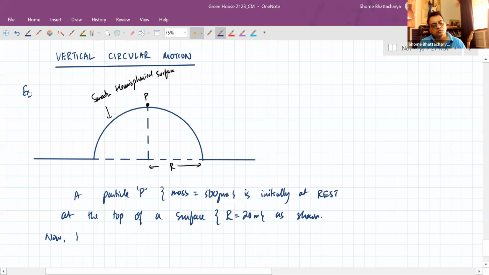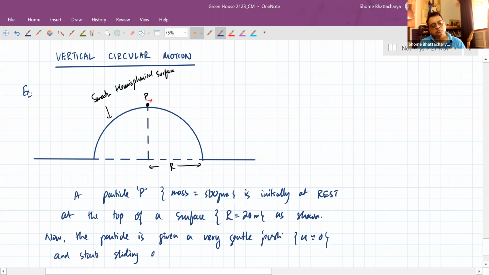Now, the particle is given a very gentle push. So its initial velocity is still tending to 0. Okay. And it starts sliding down the surface.